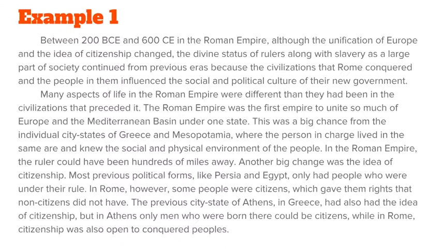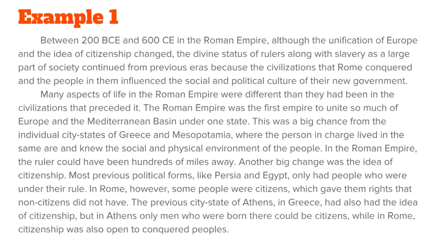Many aspects of life in the Roman Empire were different than they had been in the civilizations that preceded it. The Roman Empire was the first empire to unite so much of Europe and the Mediterranean basin under one state. This was a big, I think that should say change, from the individual city-states of Greece and Mesopotamia, where the person in charge lived in the same area and knew the social and physical environment of the people. In the Roman Empire, the ruler could have been hundreds of miles away.